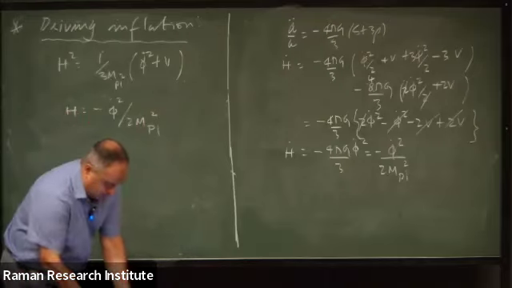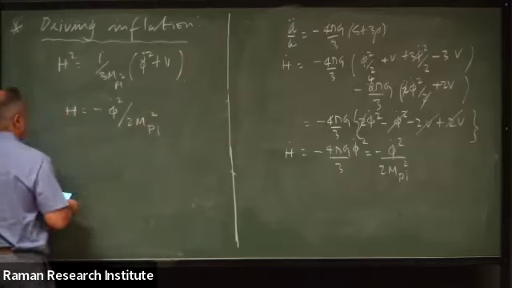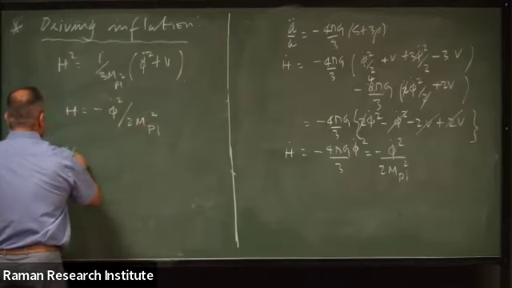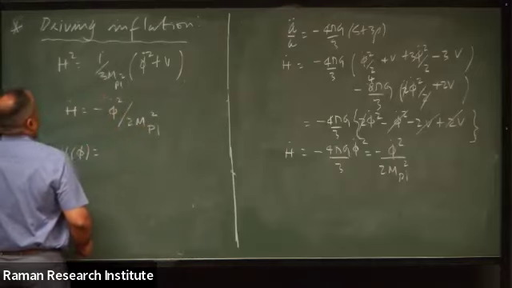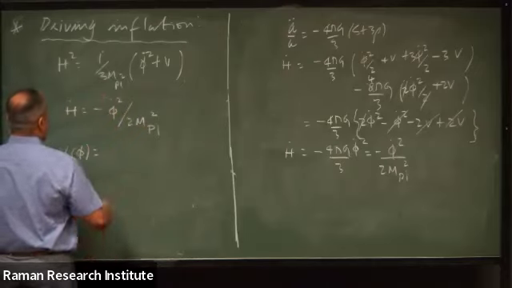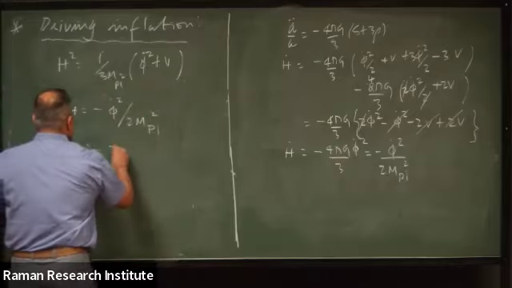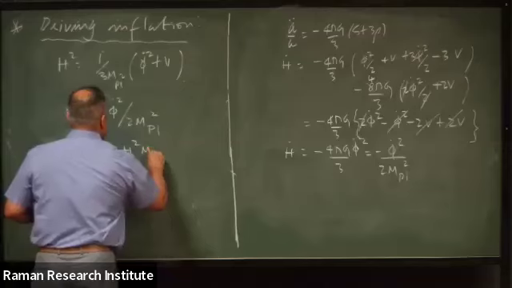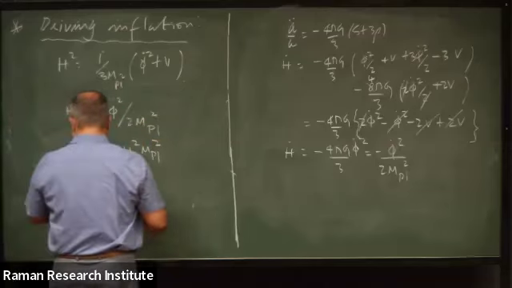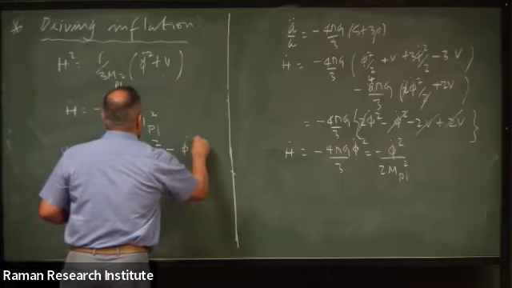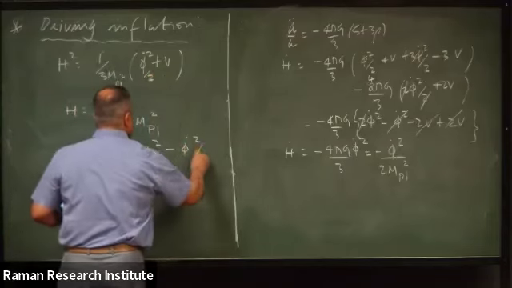Now, what I can do is as follows. Notice, I can invert this to write V of phi as what? V of phi is 3H squared M_Pl squared minus phi dot squared, no, I made a mistake, this is phi dot squared by 2.